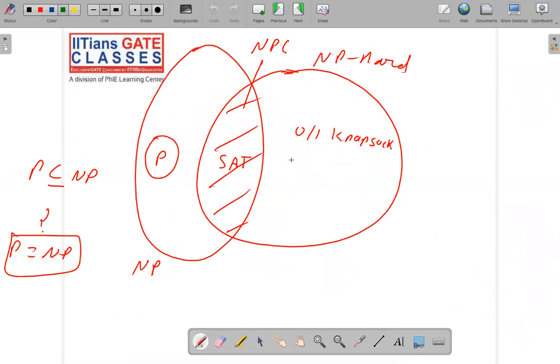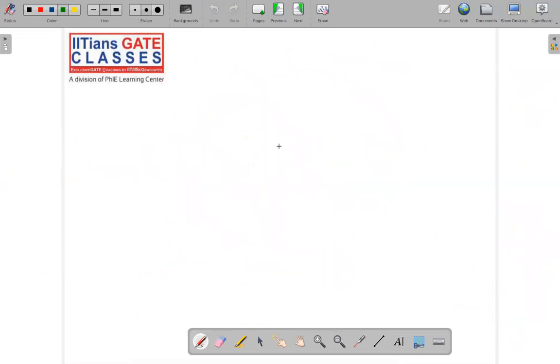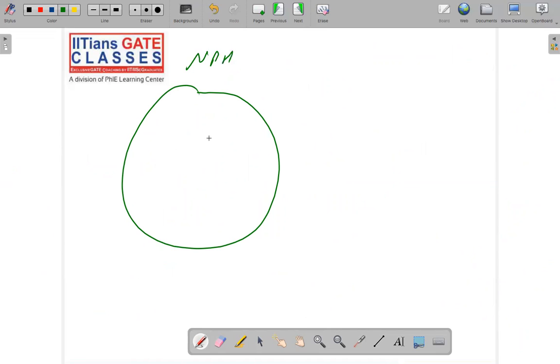Now look at this diagram. Let me draw this diagram again. We have a set of problems which are NP hard problems. For example, we have the SAT problem, and some more problems, for example 01 knapsack and the traveling salesperson problem.